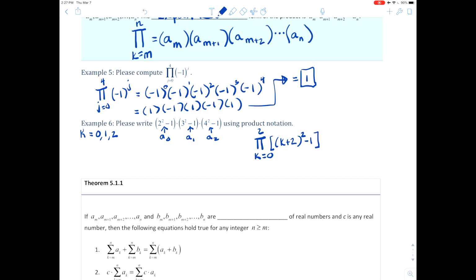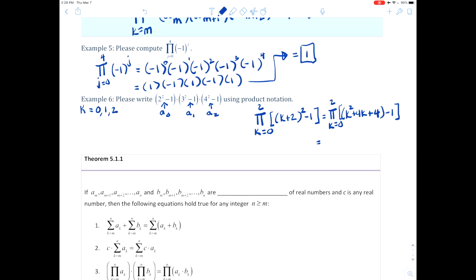All right, well, let's simplify that a little bit. That would end up being the product from K equals 0 to 2 of, expanding the square, K squared plus 4K plus 4, and then minus 1.